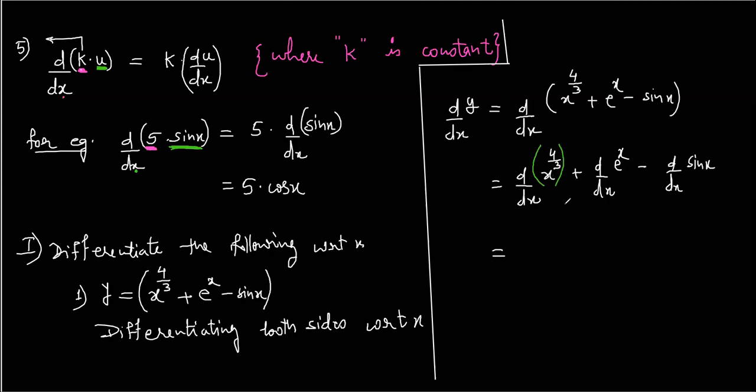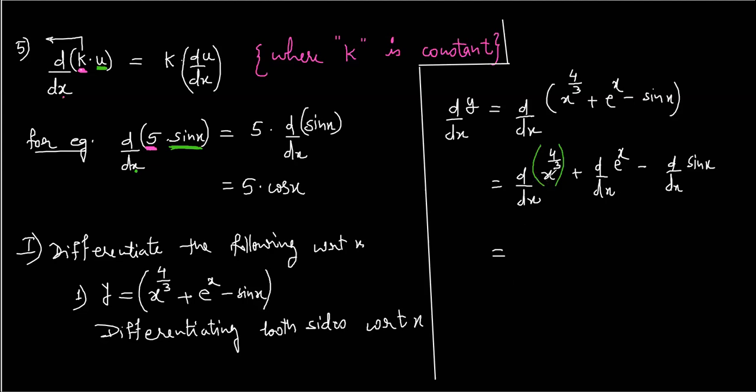Name the function, then only go ahead. Some students don't do it, and because of that, right now they might be able to do it, but later when we have composite functions of derivative, they start making mistakes. So I would suggest that whenever you are differentiating a function of x with respect to x, make sure that you name the function.